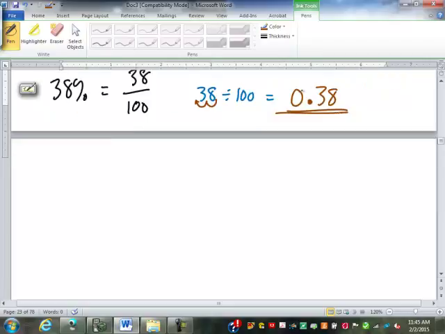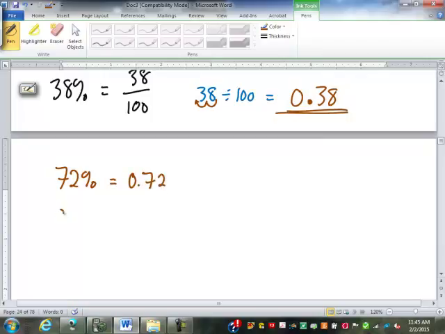So let's convert some percents into decimals. If we had like 72%, moving that decimal over 2 spots becomes, anybody? 0.72, good.